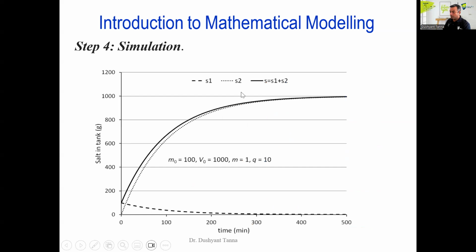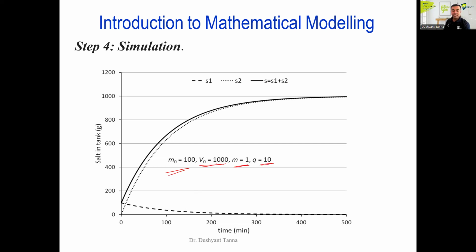Now, if we go for the simulation or validation of the mathematical part here, what will happen? We have various situations. Here, M0 is 100, the initial amount, the volume V0 is 1000, M is 1, and Q is 10.